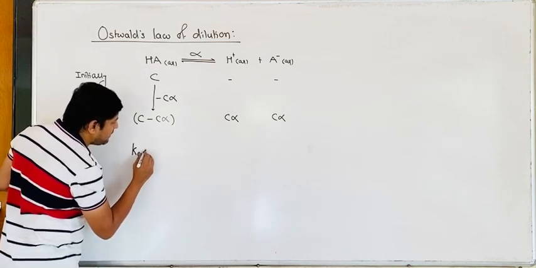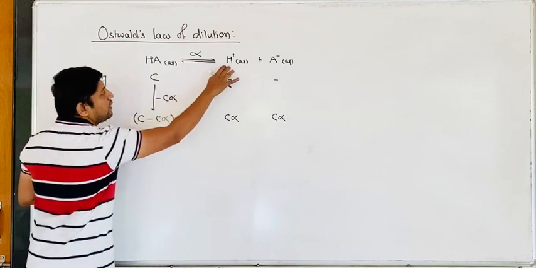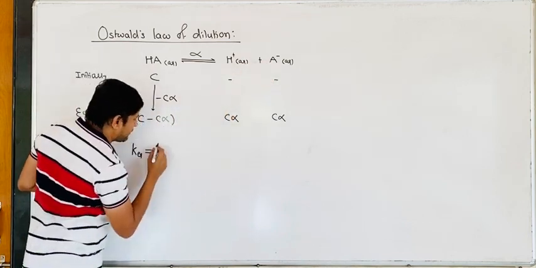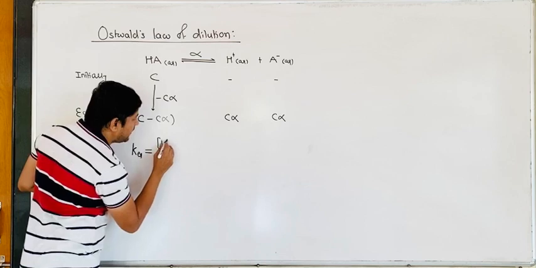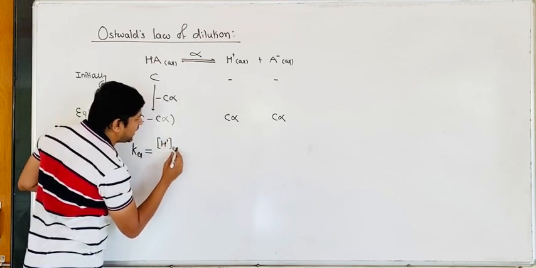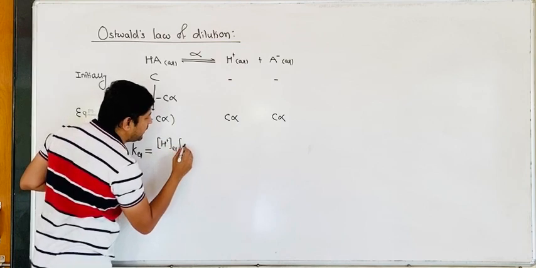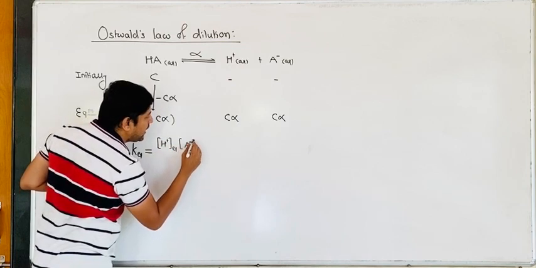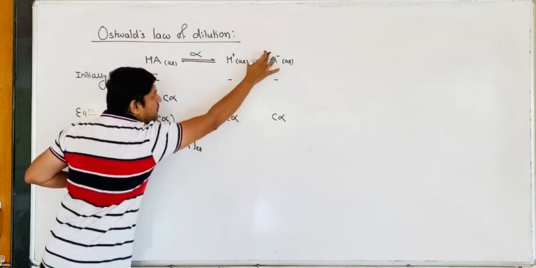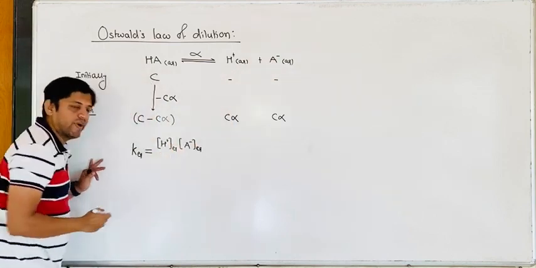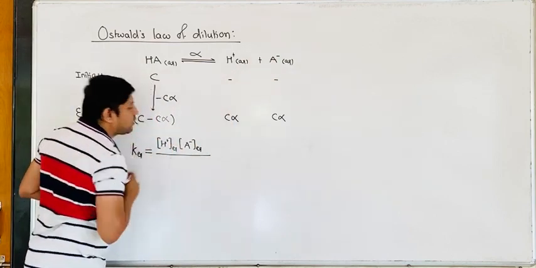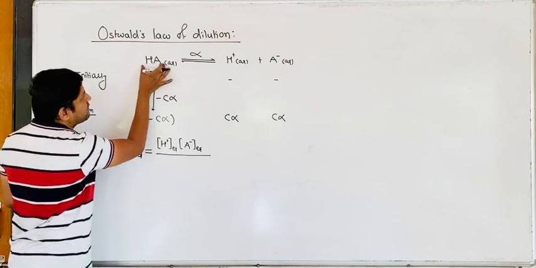Now the equilibrium constant K equilibrium is written in the form of concentrations of products. Concentration of H plus ion at equilibrium raised to its stoichiometric coefficient 1 into concentration of A minus ion at equilibrium raised to its stoichiometric coefficient 1 divided by concentrations of reactants.